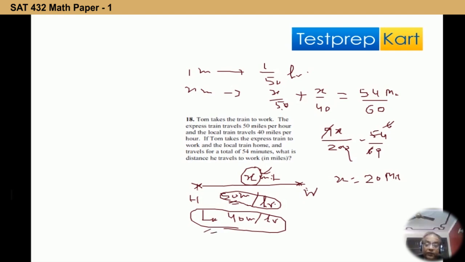Likewise from the local, x by 40, and this total is 54 minutes. I have converted 54 minutes into hours, so that is 54 by 60. If you add these two, it will be 9x by 200, which is equal to 54 by 60. A little bit of calculation gives you x equal to 20 miles. So that's the answer to this question.